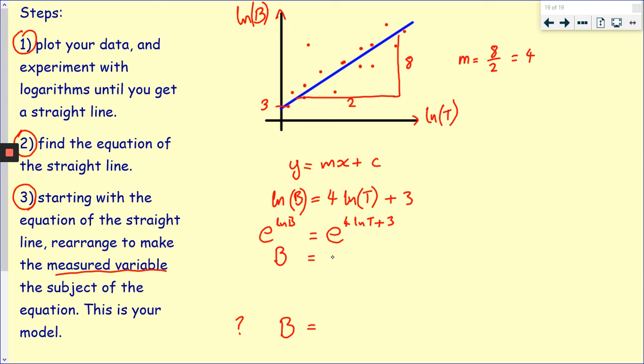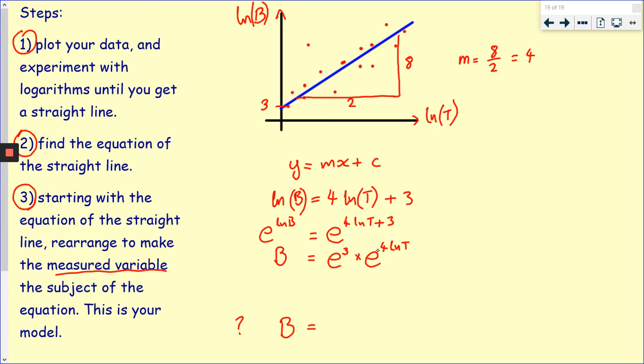And here we can write this as e to the power of 3, multiplied by e to the power of 4 ln T. Now, we can change this around a little bit.